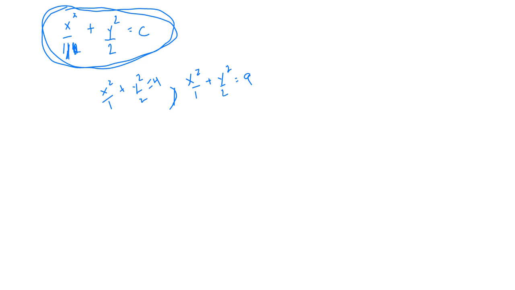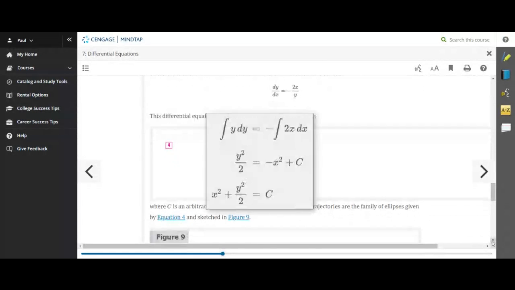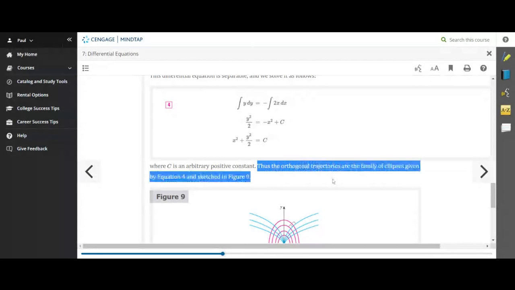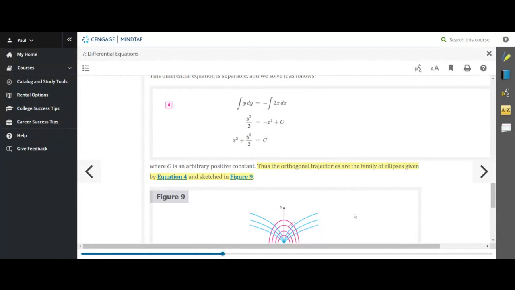Very good. So what we have here is a family of ellipses. The orthogonal trajectories are a family of ellipses, given by equation 4 and sketched in figure 9.